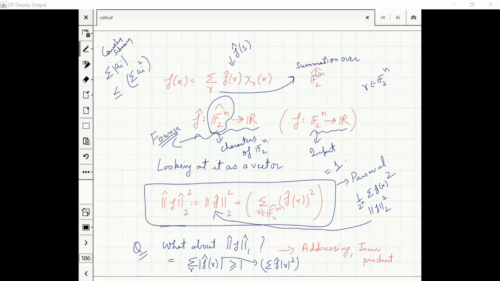So what will come here? The number of i's, which will be 2 to the power n. So that means this quantity would be bounded by the square root of 2 to the power n.